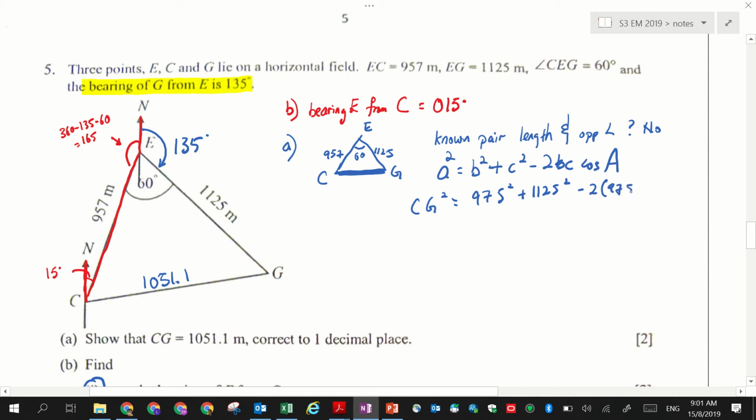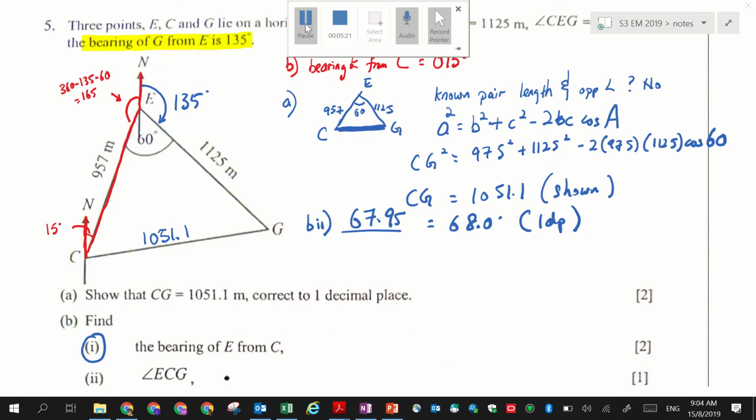Then this is a calculator thing already. Press everything in calculator, square root, then you should get 1051.1. Is that okay? Then you press calculator, then this one will be equal to 1051.1. Then show what? Show, you want to show.